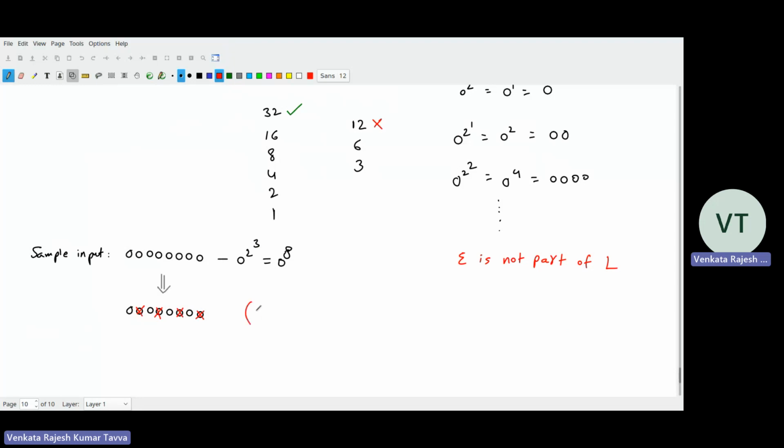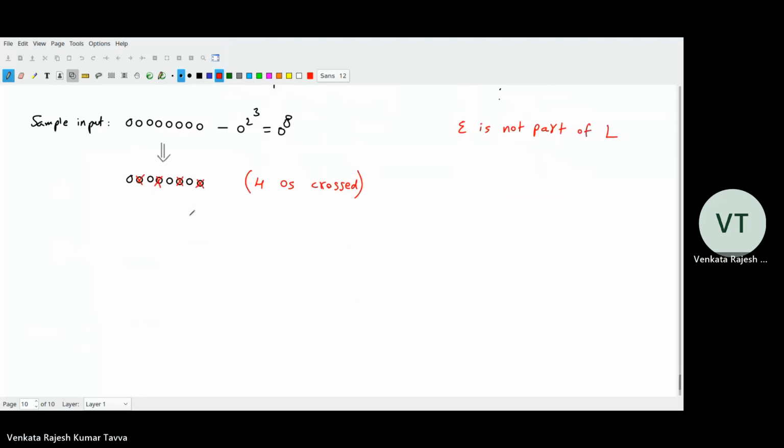So here 4 zeros are crossed. And then in the remaining 4 zeros, I'll cross 2, alternate 2 zeros. So this is the second zero, and then this is the alternate zero. So 2 zeros crossed.